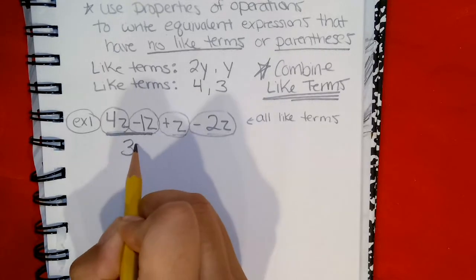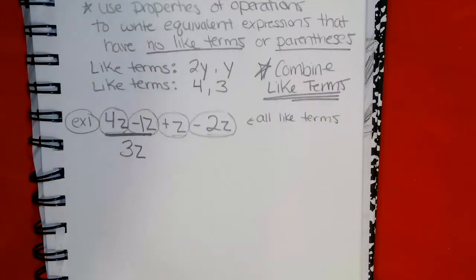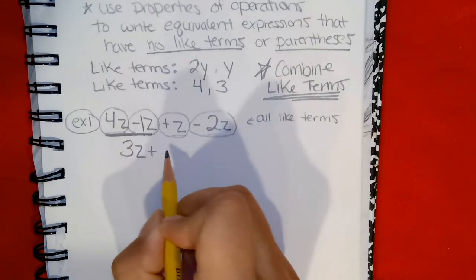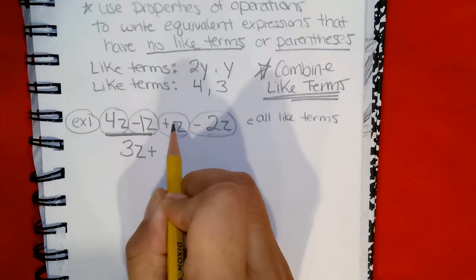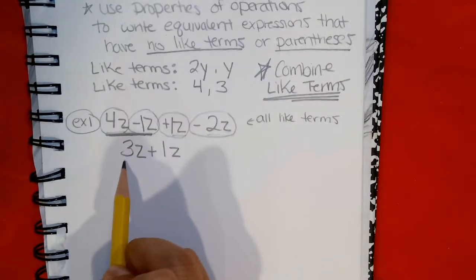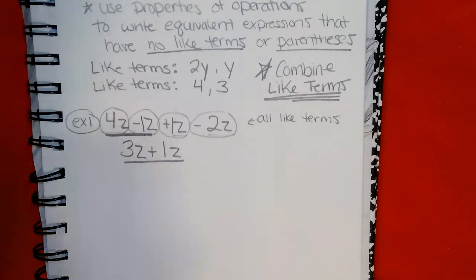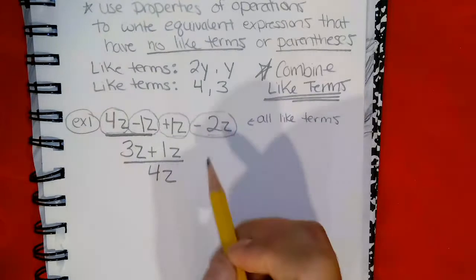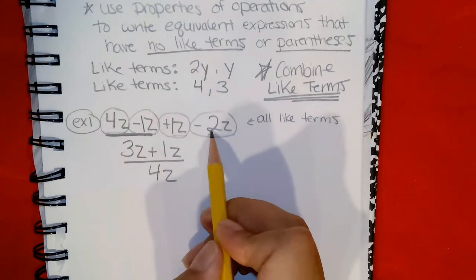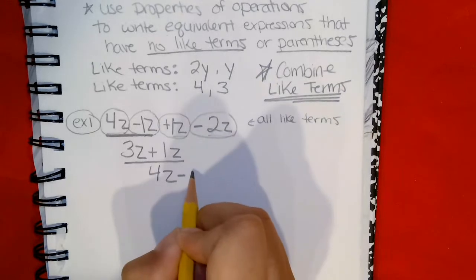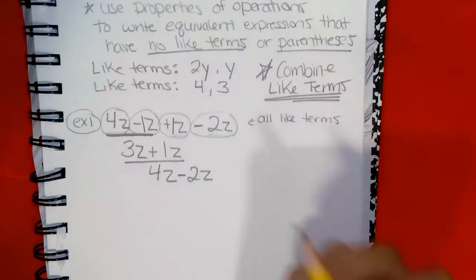And I have to remember the z. Okay. And then I have 3z plus, remember z is 1, plus 1z. What is 3z plus 1z? 3 plus 1 is 4z. And then I have minus 2z. So I'm just going to take my minus sign and put that after here and subtract the 2z.